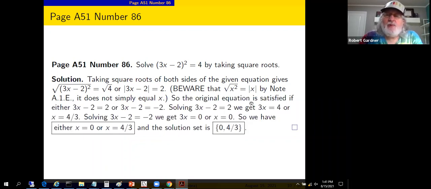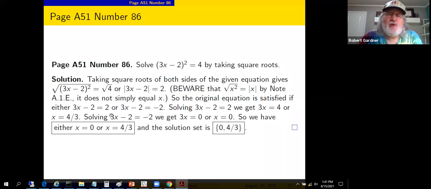So the original equation is satisfied if either 3x minus 2 equals positive 2 or it equals negative 2, because the absolute value of 2 equals 2, and the absolute value of negative 2 also equals 2. This produces two equations.